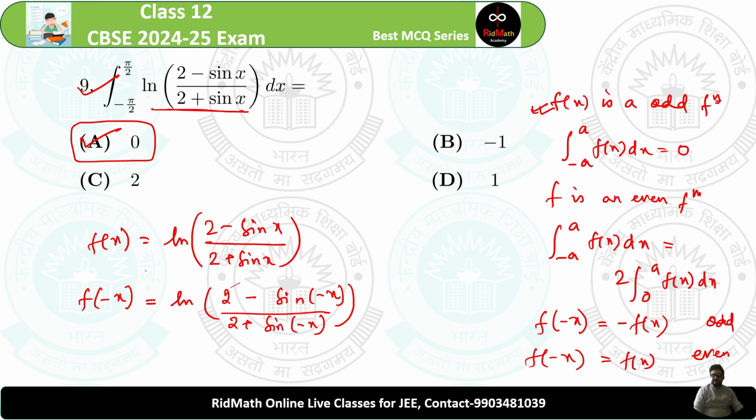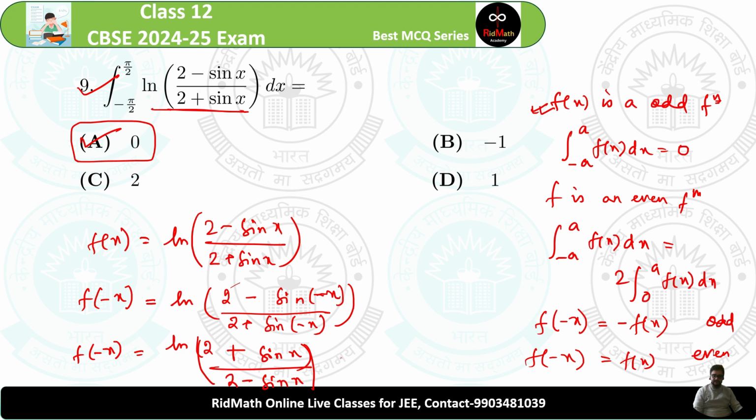Now you know that sin minus x equals minus sin x. So f of minus x equals ln of 2 plus sin x, since minus minus is plus, divided by 2 minus sin x.